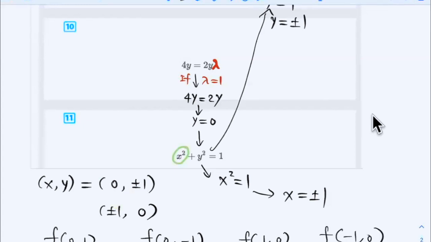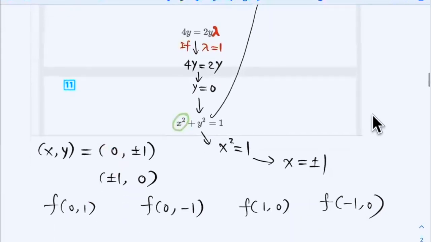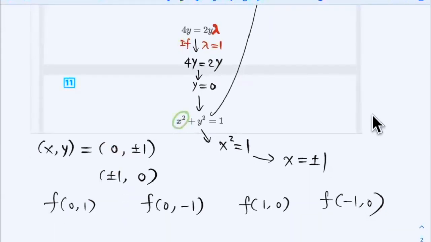You're going to find all those function values. And whatever the largest will be the maximum, right? And then the largest will be the max, and the smallest will be the min. That's how we do it.